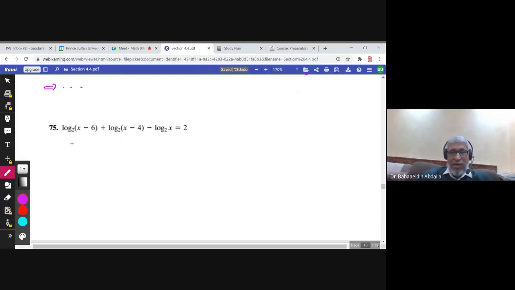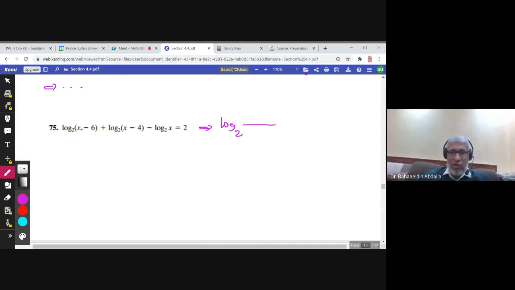Here I have 3 logs. No problem. Condense. Write it as a single logarithm. Of course, you need the same base. If the base is the same, then that's good. If the base is not the same, that's a big issue. So the base is the same, so we condense it to one logarithm.